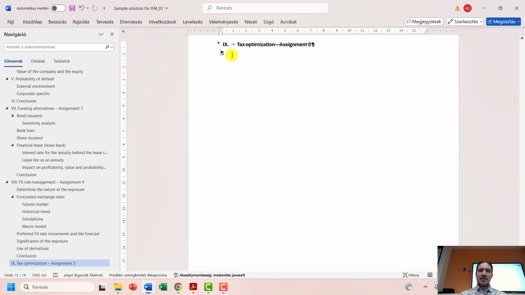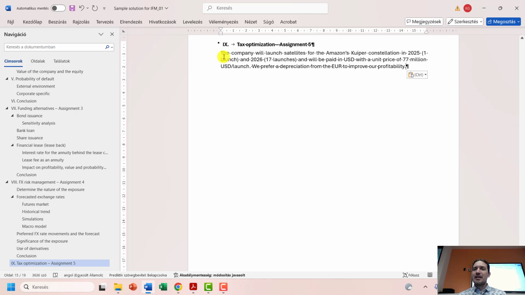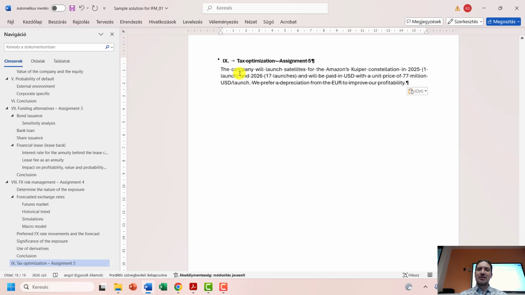As our invited lecturer told us yesterday, someone should do the accounting. We cannot write numbers and receive any transfers without proper accounting. So this is the initial problem: we will launch satellites for a US company at this price, and the question is whether we should collect this immediately by our French company.